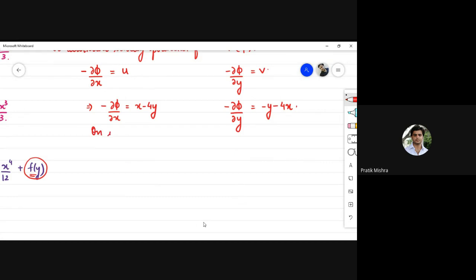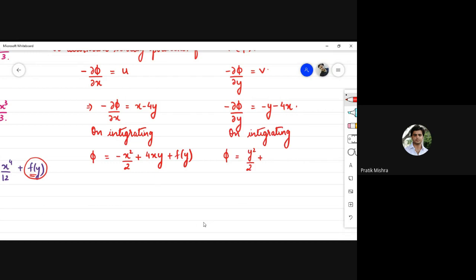So on integrating, your phi comes out to be minus x square by 2 plus 4xy plus a function of y, and here on integrating you will have phi is equals to y square by 2 plus 4xy plus a function of x, क्योंकि यहाँ पार्शियल डेरिवेटिव विद रिस्पेक्ट टू y था, इसलिए the constant will come out to be a function of x.